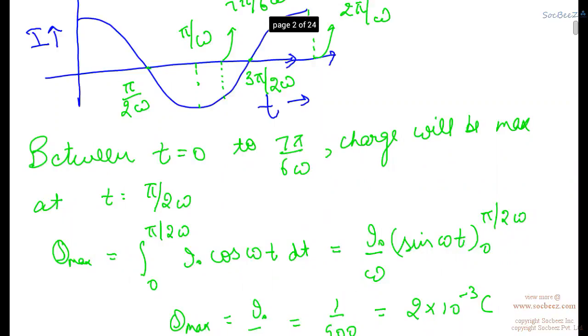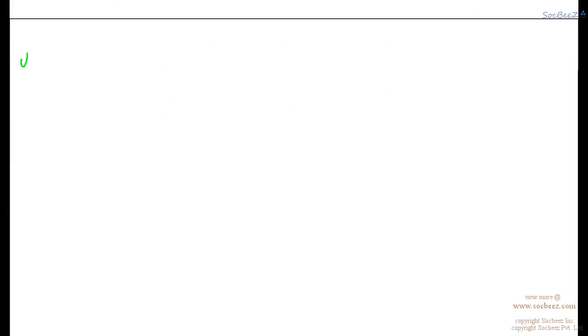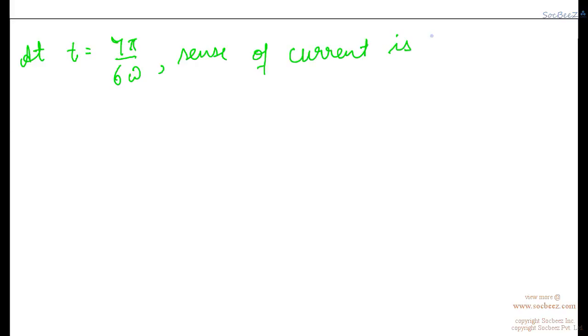Well, now at time t equals 7 pi by 6 omega, the sense of current is opposite to the initial sense.